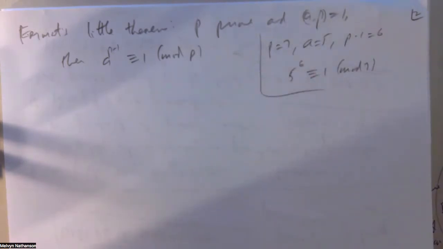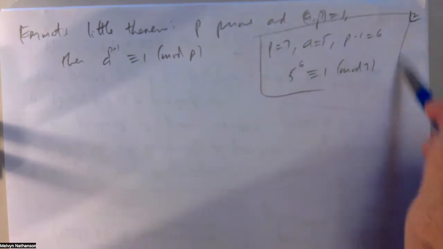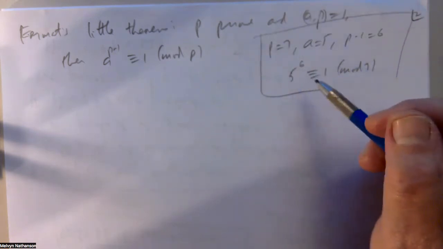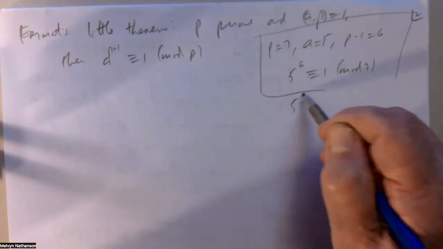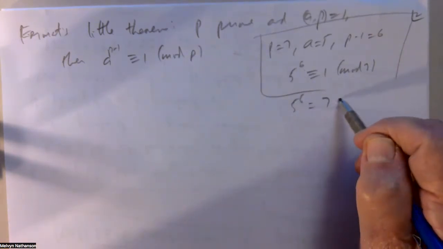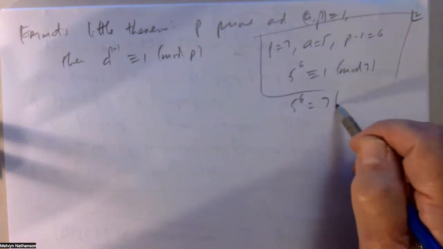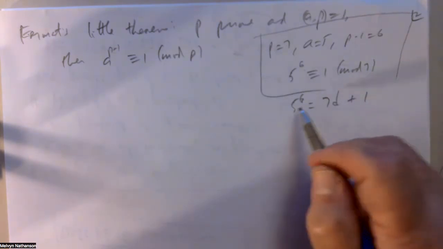This is actually quite a remarkable discovery, because there's absolutely no reason to think that if you take 5 to the 6th power and take away 1, you get a number divisible by 7. That is, 5 to the 6th is 7 times some number d plus 1. You might calculate 5 to the 6th, subtract 1 and factor it, and see what you get. Actually, I'm rather curious.